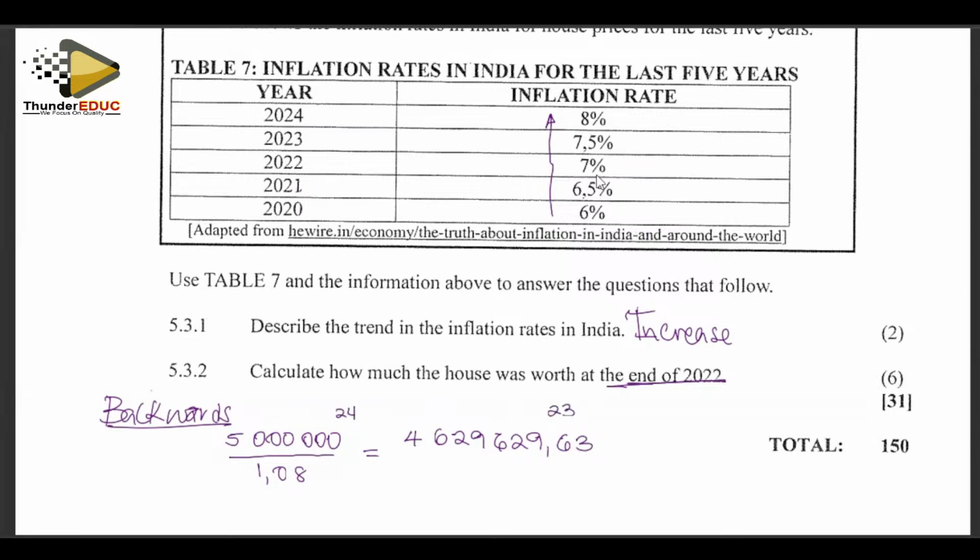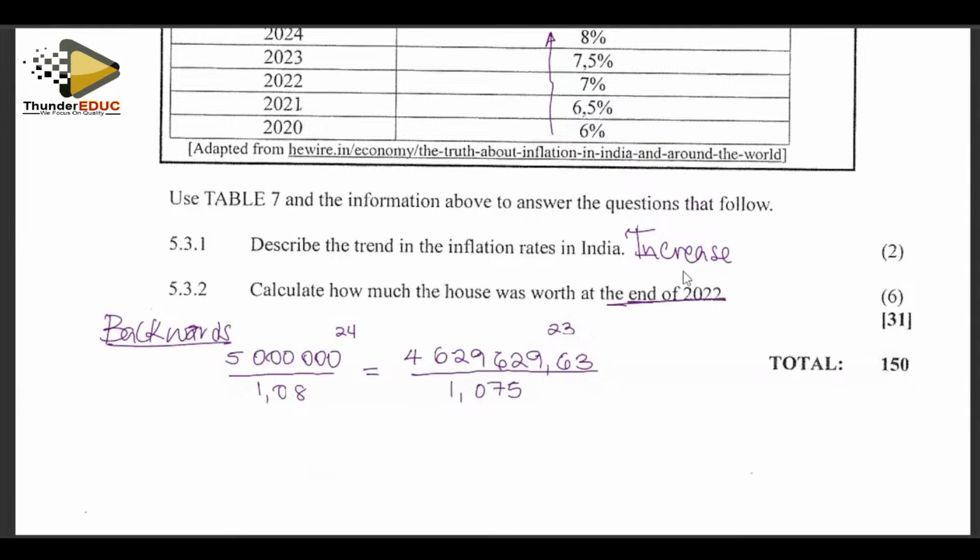Now for 2023. Again, it has to reduce by this percentage here, which is 1.075. When you reduce it by 1.075, the answer you get will be for 2021. It was that much.